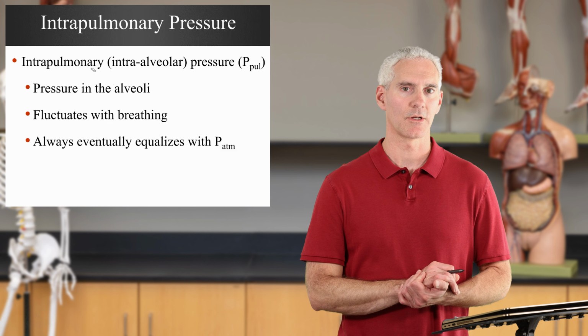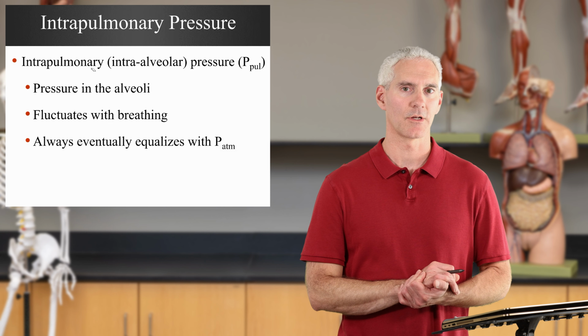For now, let's work about some of the basic pressures and go from there. So first off is atmospheric pressure. Now notice P subscript ATM, that's atmospheric pressure. Atmospheric pressure is what is the pressure around you that's pushing on your body. So at sea level, it's 760 millimeters of mercury.